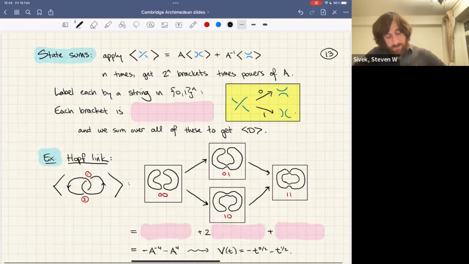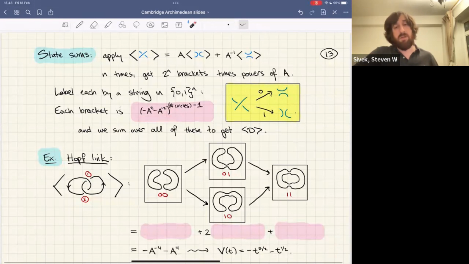It's this factor, minus a squared minus a to the negative 2, raised to some power, which is the number of circles in that diagram minus 1, because we keep removing the circles one at a time and picking up these factors until we're down to the last circle, and then it's just 1. So we take these weighted by powers of a, and we sum all 2 to the n of them to get the bracket for the diagram.